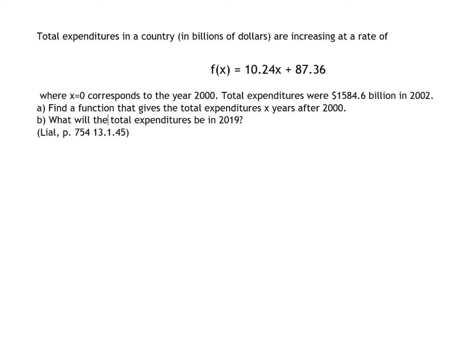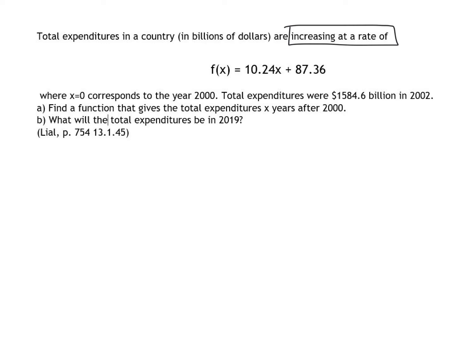So we have total expenditures in a country in billions of dollars, and again, increasing at a rate of, right? Remember that rate of change, increasing or decreasing? So it tells us that this function is the derivative. It says again, x corresponds to the year 2000. And it tells us total expenditures were 1,584.6 in 2002, right?